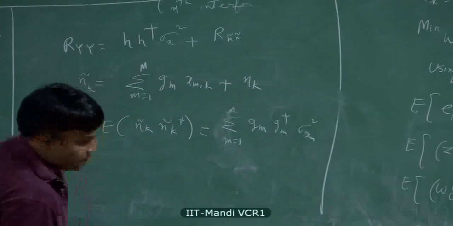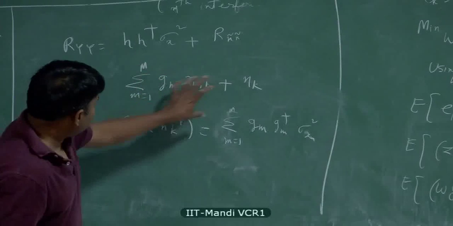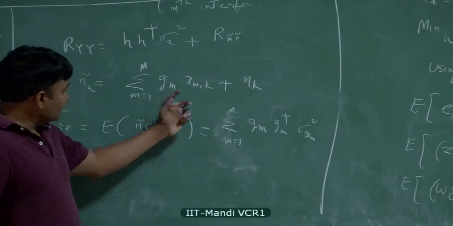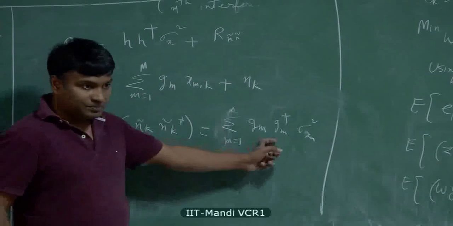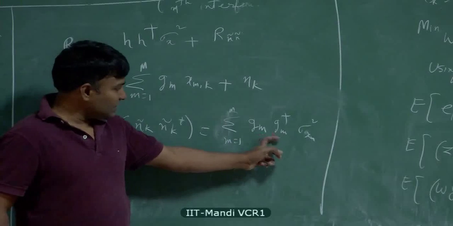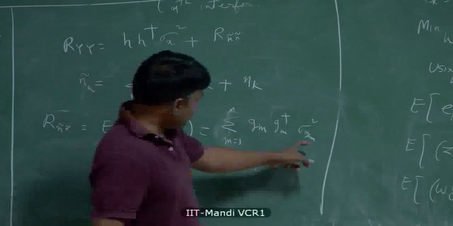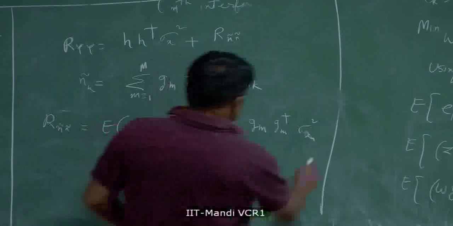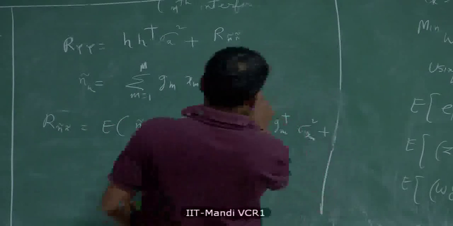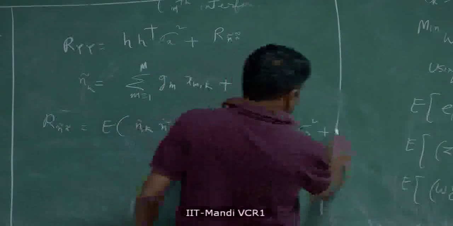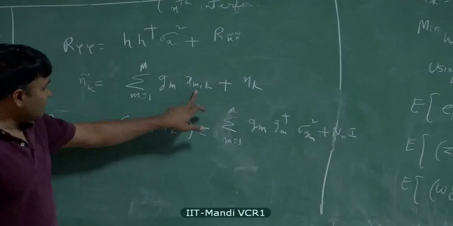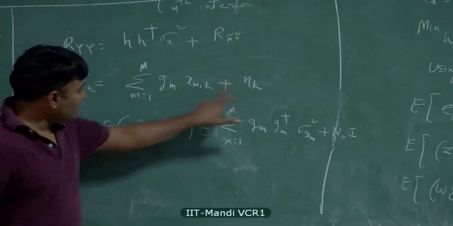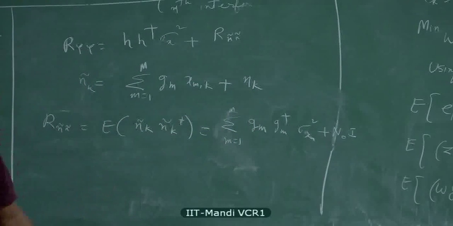Do you agree with that? This multiplied with the conjugate of this. This is a vector, term by term. You get gm Hermitian xm square plus the expected value of nk Hermitian n naught times identity, and all the cross terms are 0 because xm are IID and they are independent of nk. Would that be okay?